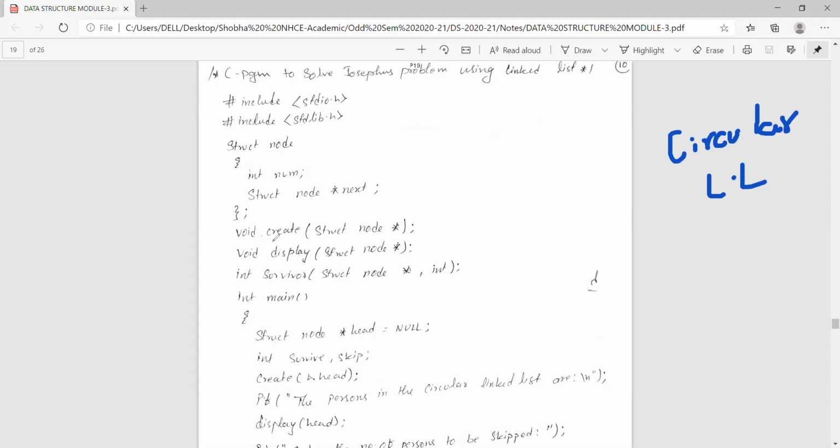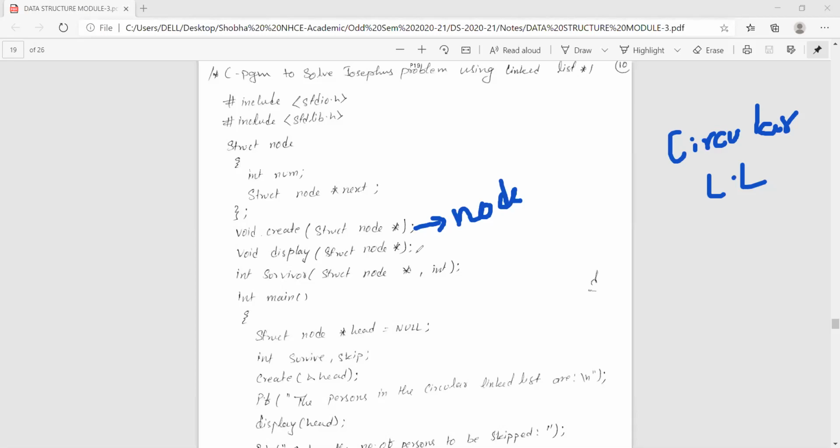Here we use three functions: the create function, the display function, and survivor, and of course the main function. Everything else is the same as we discussed previously. What does the create function do? It creates the linked list consisting of n nodes. It allocates memory for each node, and each node is linked to its previous and next, so it forms the linked list.